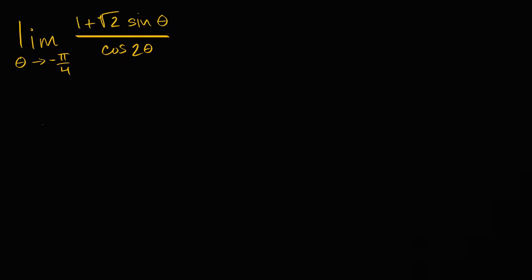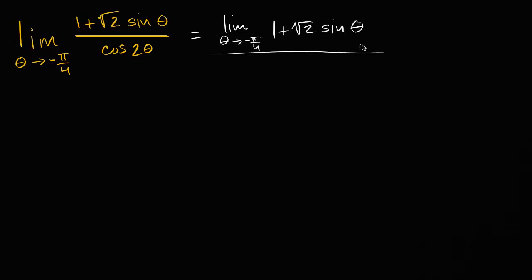Well, one take on it is, let's just say that this is going to be the same thing as the limit as θ approaches negative π over 4 of 1 plus √2 sin θ, over the limit as θ approaches negative π over 4, make sure we can see that negative there, of cos 2θ.